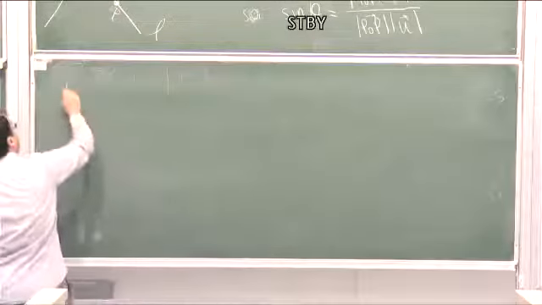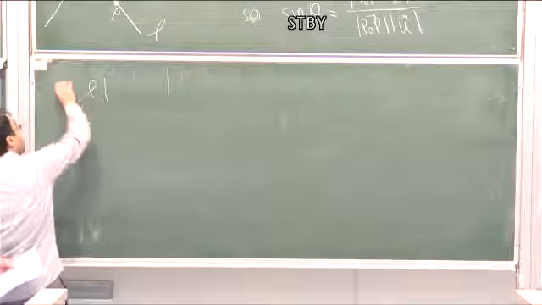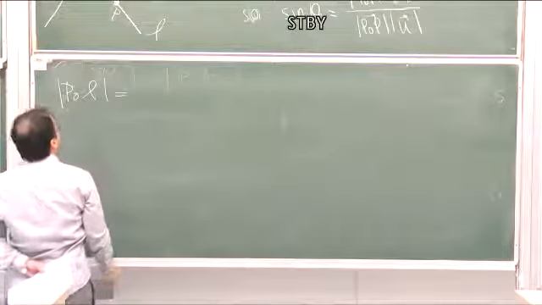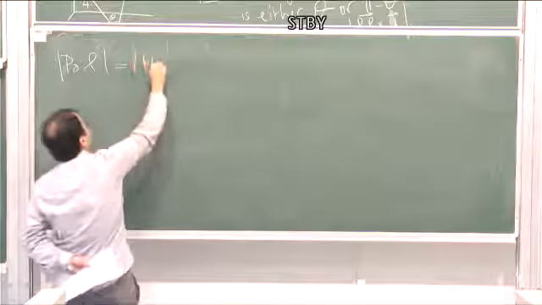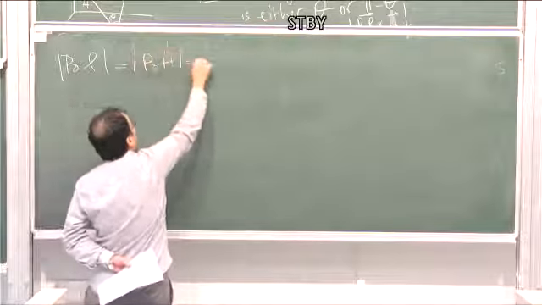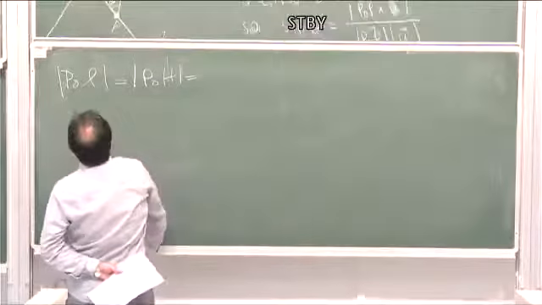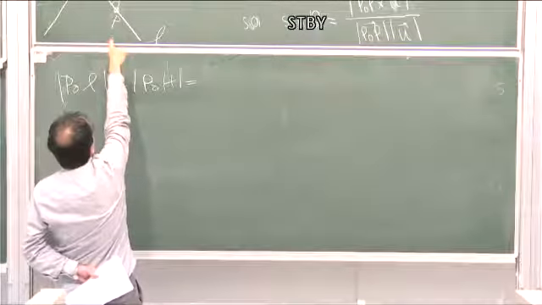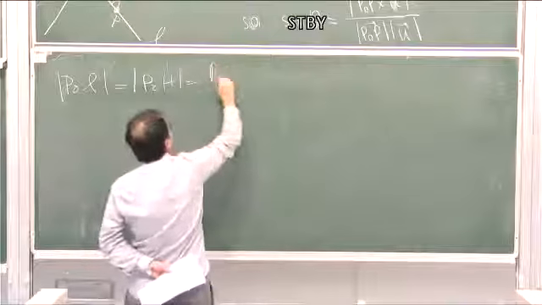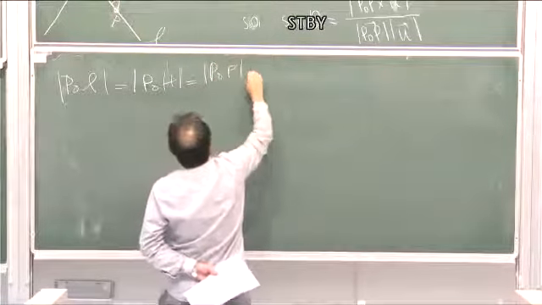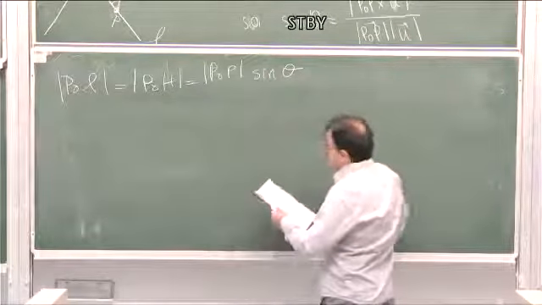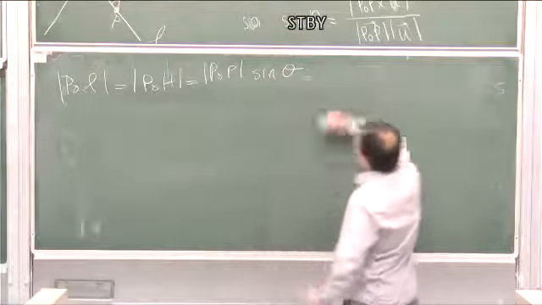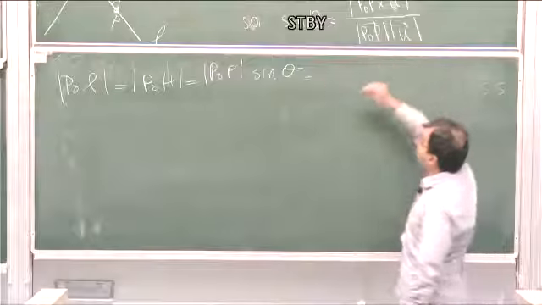We want to find the distance between P0 and L. Again, we observed that this distance would be equal to the distance between P0 and H, and then we observed that we could write it as P0P times sine of theta. And then we got that this sine theta is given by this formula.